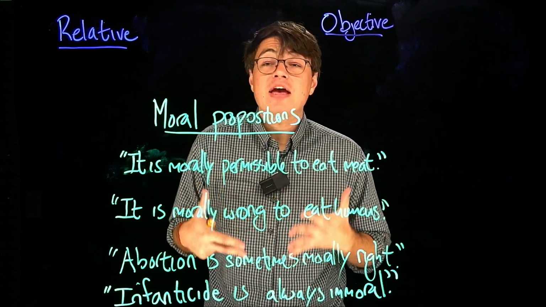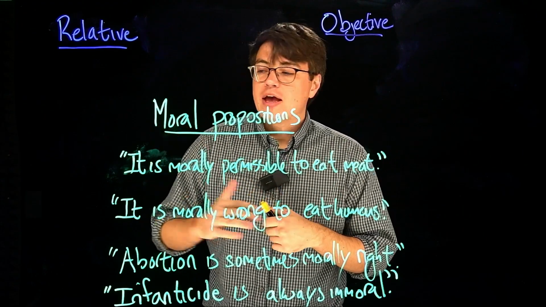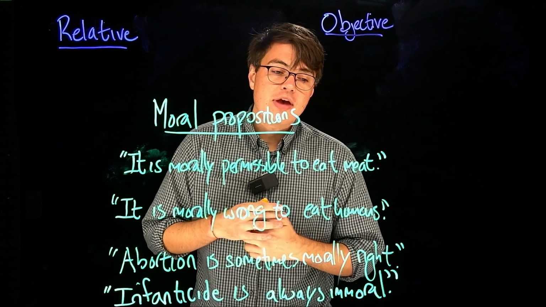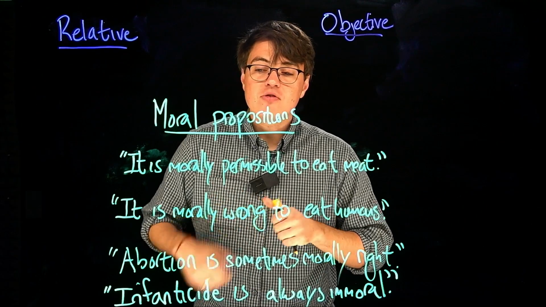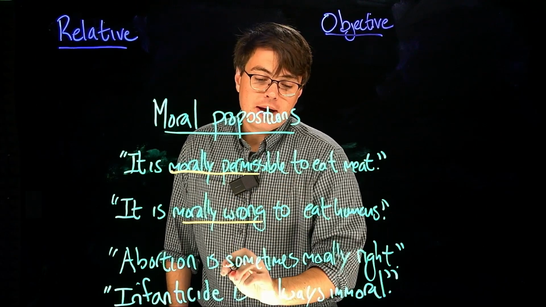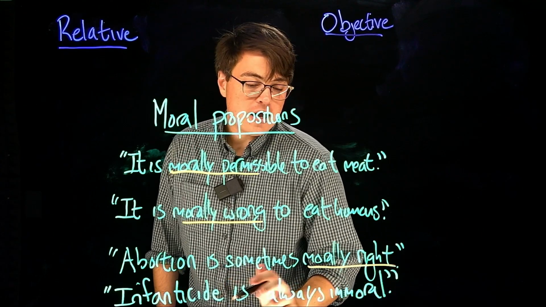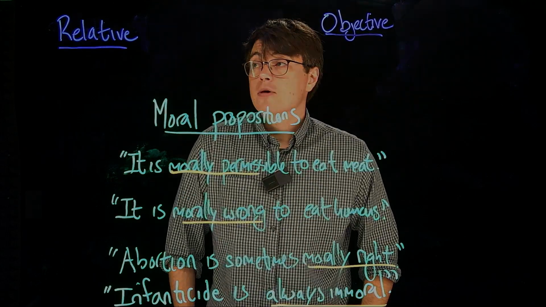Yet another one. Infanticide is always immoral. Now, regardless of where you stand on the truth or falsity of any given one of these, you can see that each of them concern something about what is right or wrong, about what is permitted or what is forbidden in a distinctively moral sense.